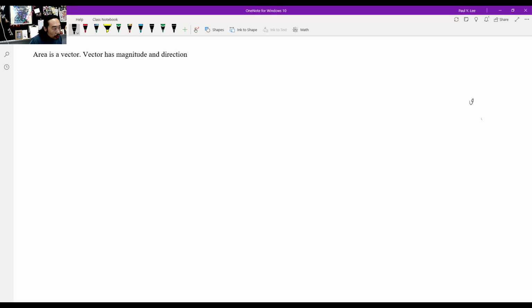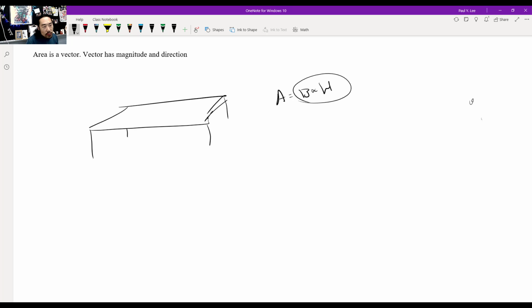So if we were to do a quick little sketch of an example, let's say this is a tabletop. If I were to ask you to find the area of the tabletop, you would say the area of a rectangle is base times height. This gives you the magnitude.